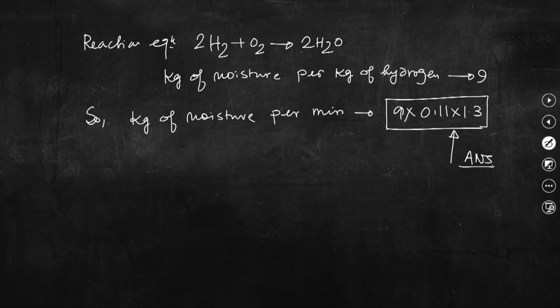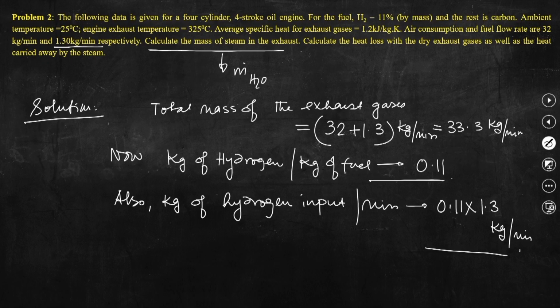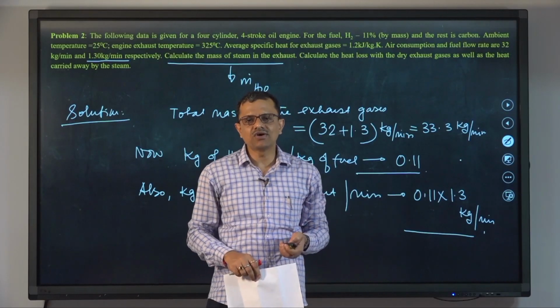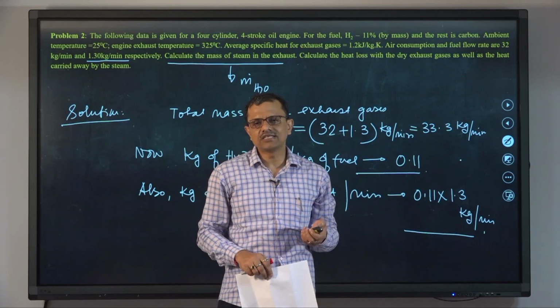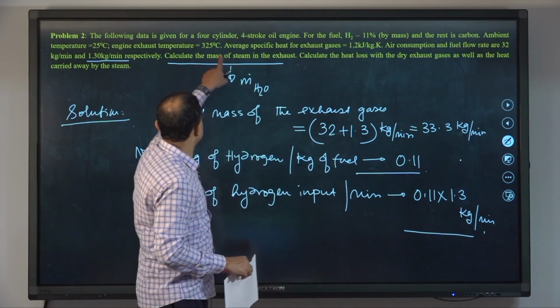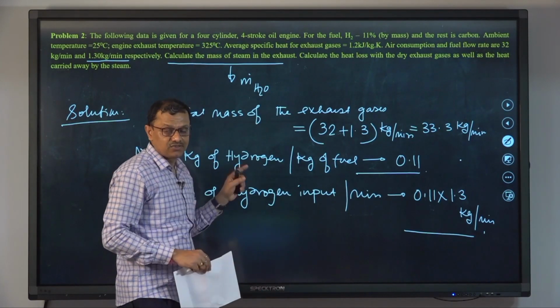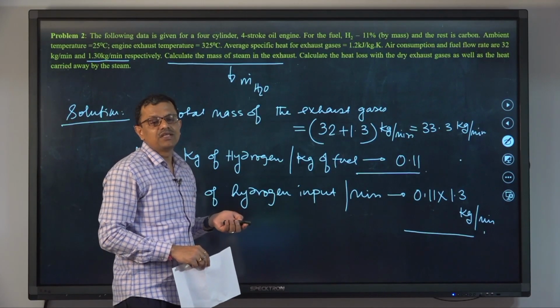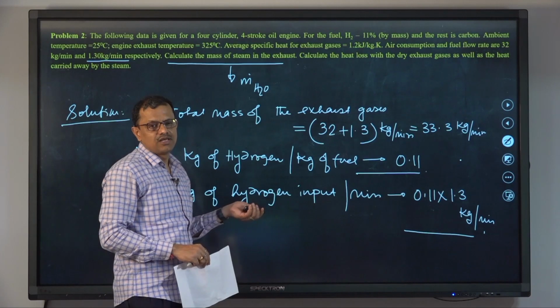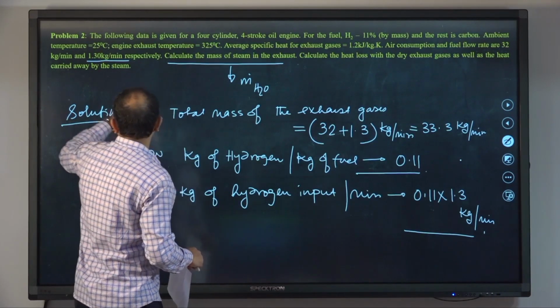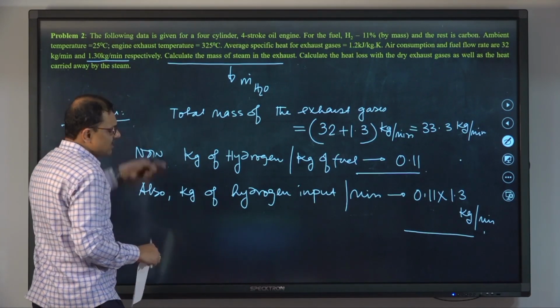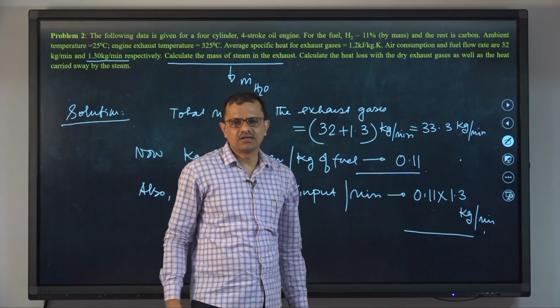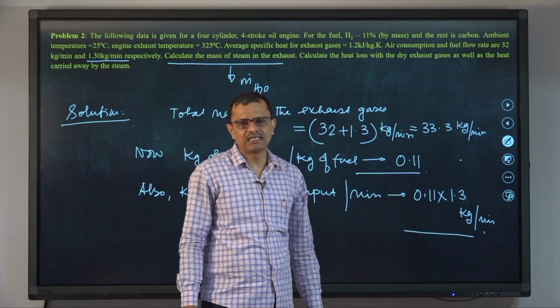So, if we go back to the problem statement, it is given: calculate the mass of steam in the exhaust. So, the water content, the moisture content in the exhaust, because exhaust temperature is given as 325 degrees Celsius. At that temperature H2O will certainly be in the superheated state, because typically the pressure is atmospheric or even less than that.